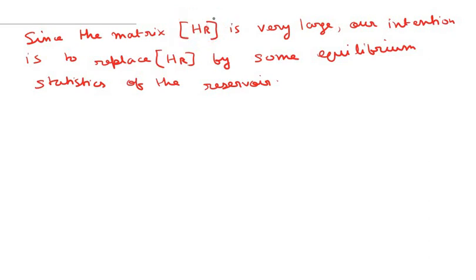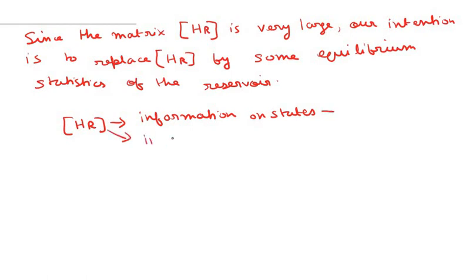So this matrix HR basically gives us information on the states, and also information on energy. Remember that when we solved the case of the 1D potential well, we had information on the K states, and we also had information on the allowed energies.